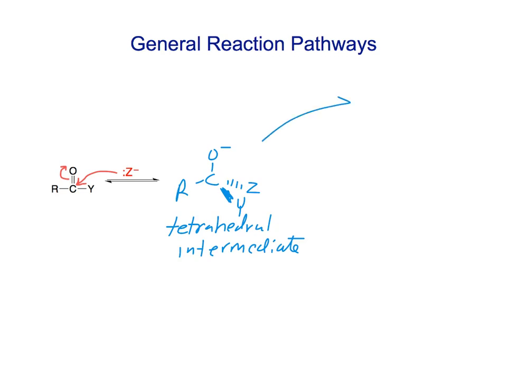So let's go up this way, and we're going to say here that Y equals a leaving group. And so are these going to be the type 1 carbonyl compounds or the type 2? Type 1, right?